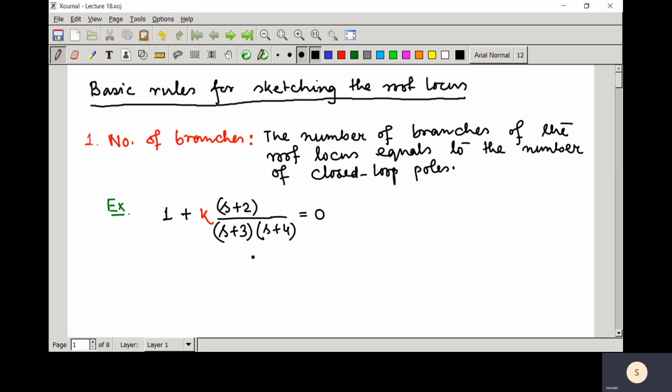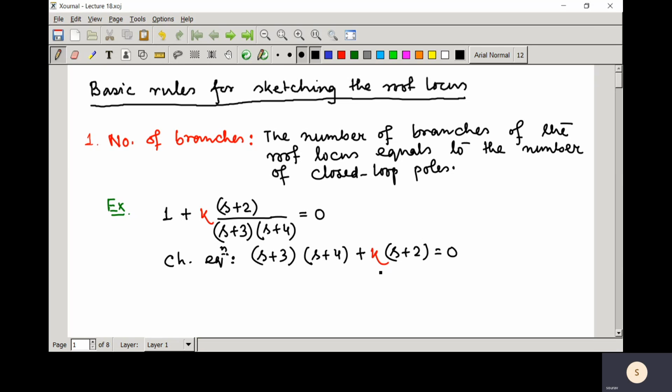If you multiply the numerator and denominator by (s+3)(s+4), the characteristic equation is (s+3)(s+4) plus K times (s+2) equal to 0.